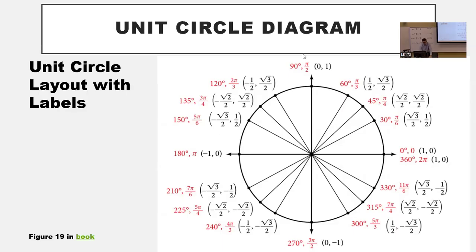There's one here on the top half of the circle. Since inverse cosine only deals with the top half of the circle, we're using that one. Everybody see that? So the inverse cosine of negative √3/2 is the angle 5 pi/6.